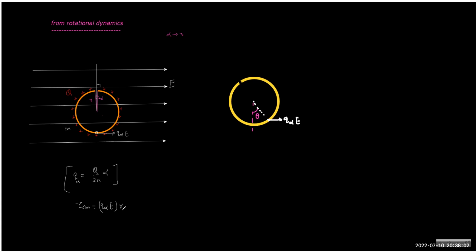Okay. So now what is the torque at this instant when it is something like this? We are supposed to find the torque in general, at any instant.